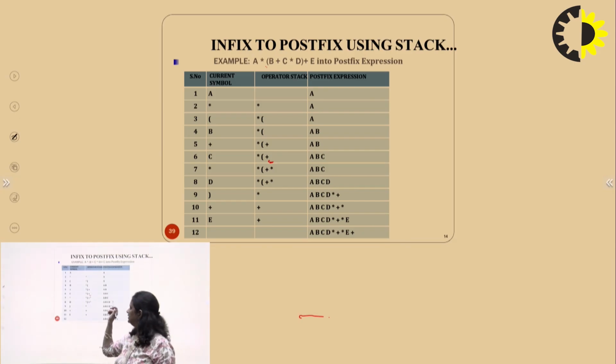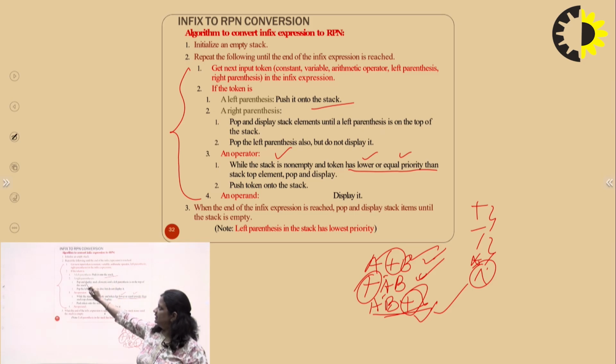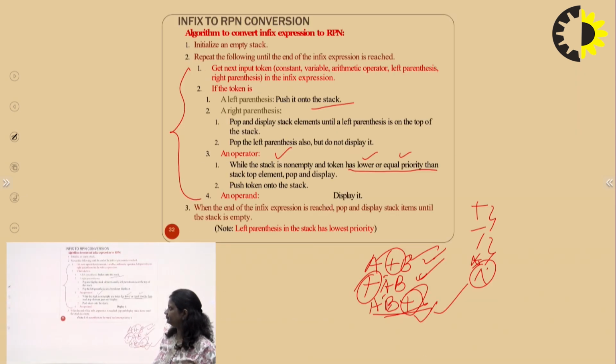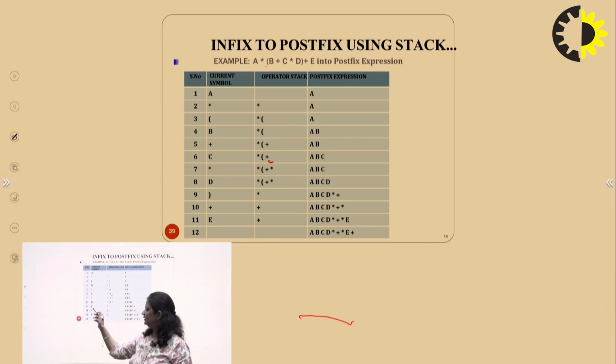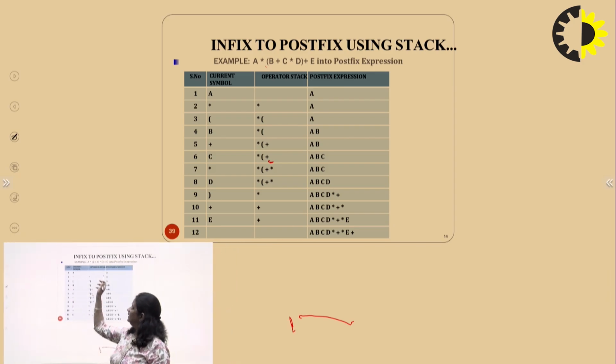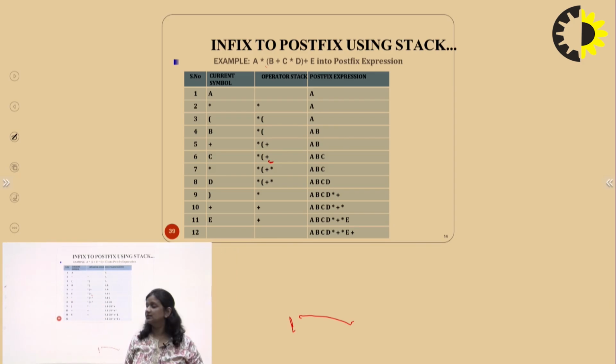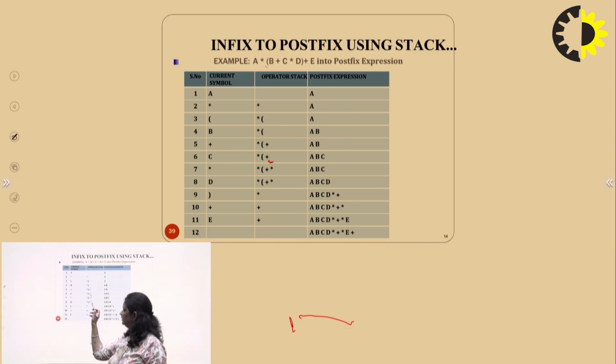Now D is just displayed in the postfix expression. Now the right parenthesis is encountered. When the right parenthesis is encountered, pop and display stack elements until a left parenthesis is on the top of the stack. What are the elements in the stack? Multiplication and addition. Where do we have to stop?